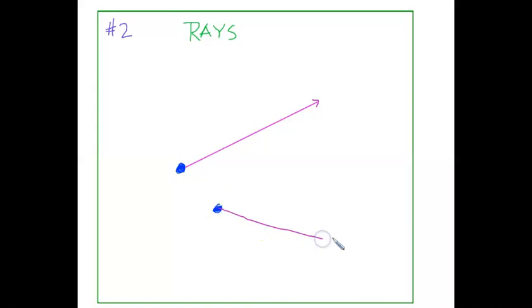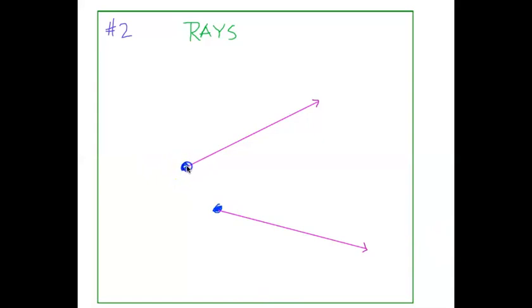Oops, that's not what I meant to do. I didn't quite grab my line tool. There we go. Okay, now I can put an arrow on the end to show that that is a ray. So we have a point. Actually, you know what? I think I'm going to write that in blue, just like the point actually is.